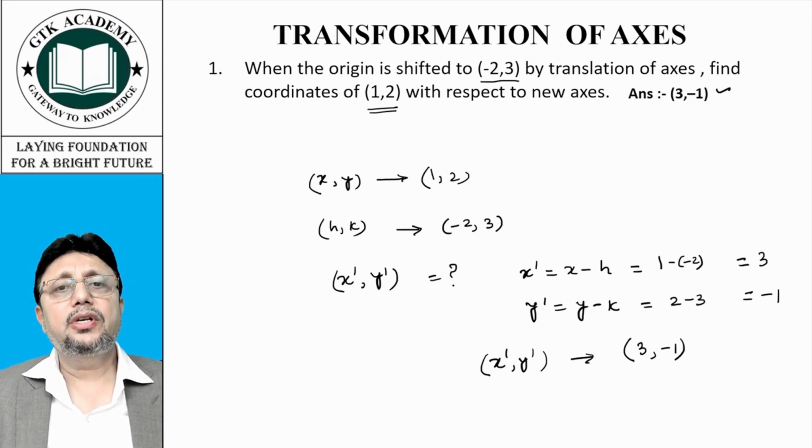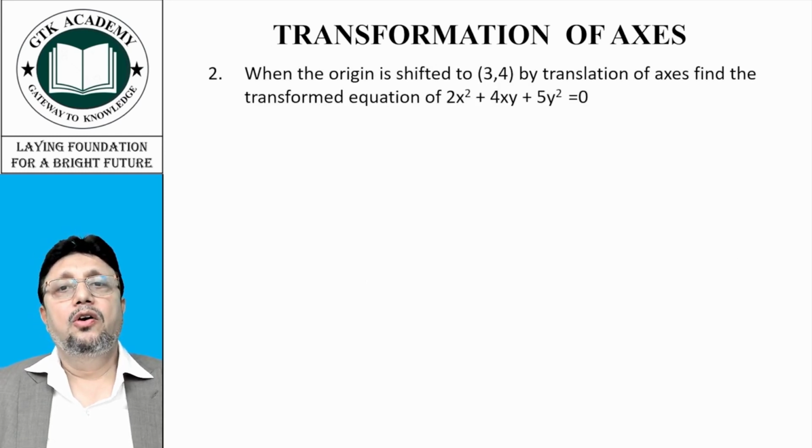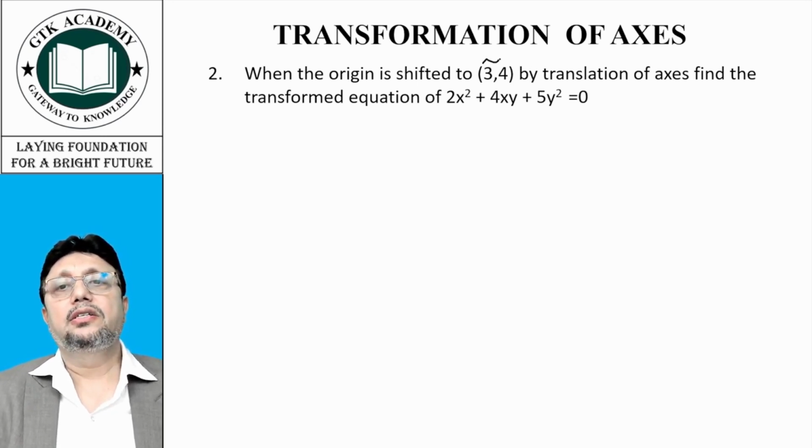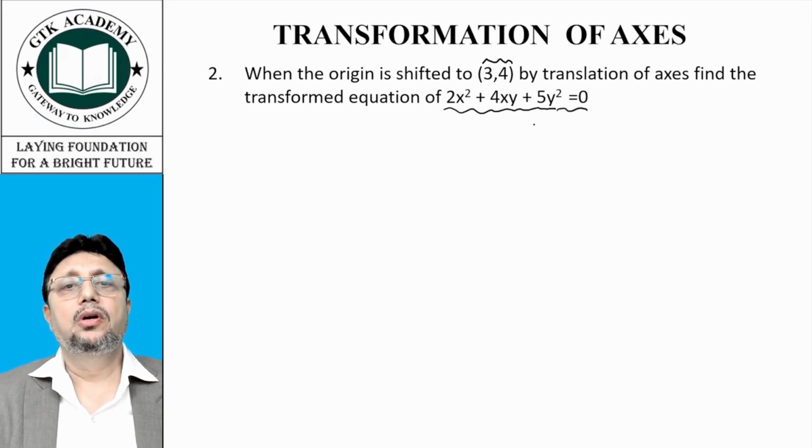Let's take one more question on how we change the equation, how the equation gets changed. When the origin is shifted to this (h, k), find the transformed equation of 2x square plus 4xy plus 5y square is equal to 0 of this curve.